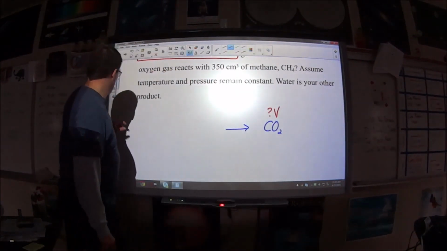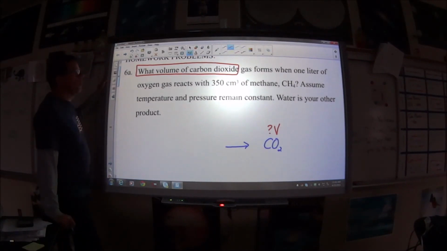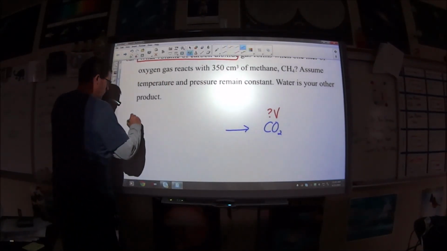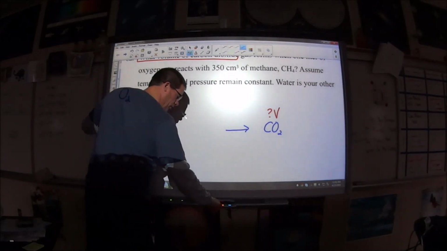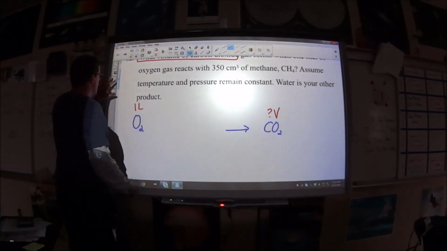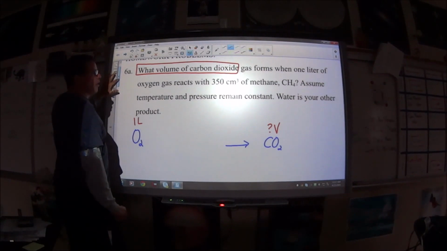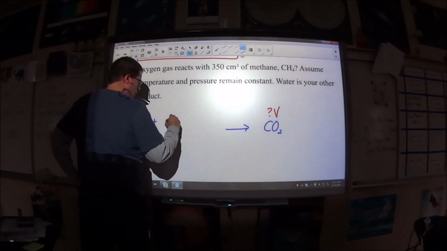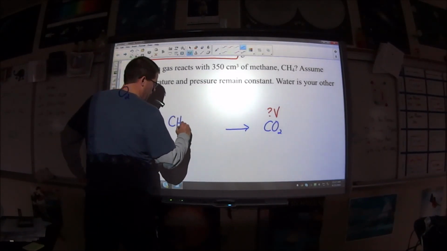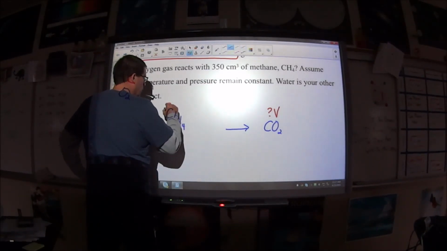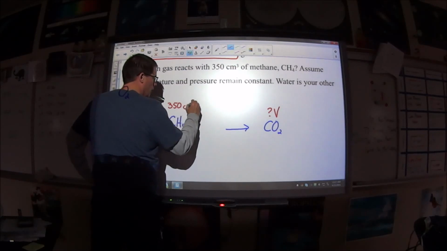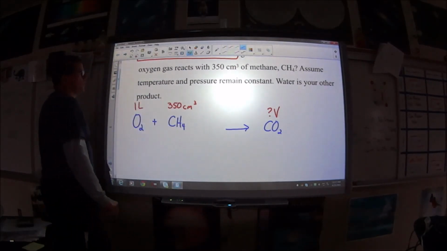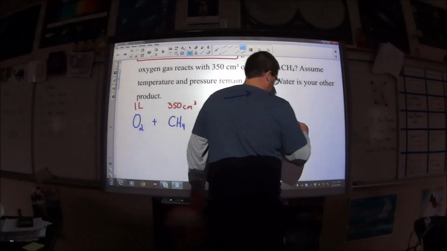It forms when 1 liter of oxygen reacts with 350 centimeters cubed of methane, so CH4, but it's 350 centimeters cubed. That's always a fun unit. And it says that water is also produced.